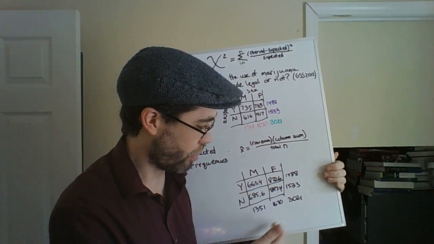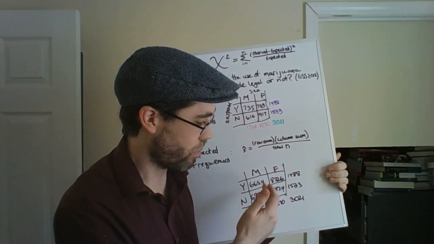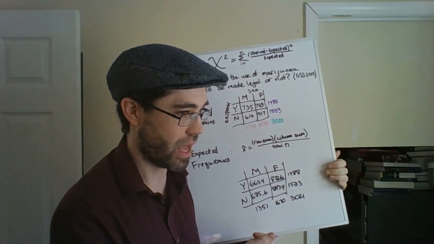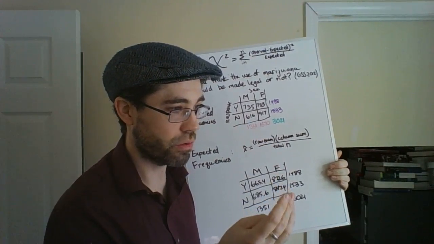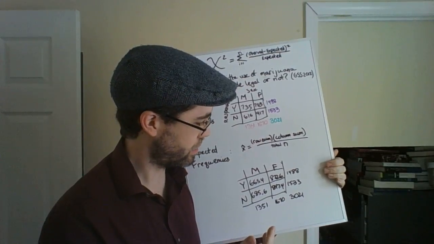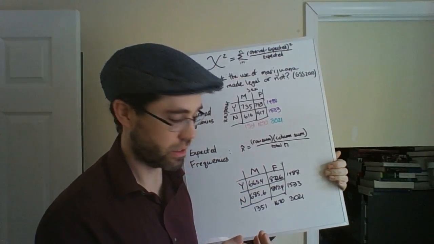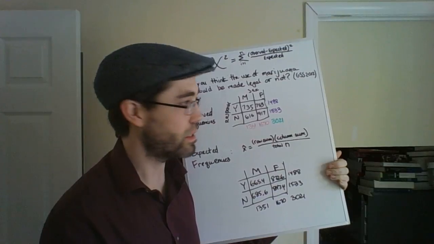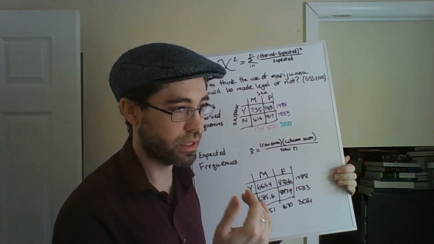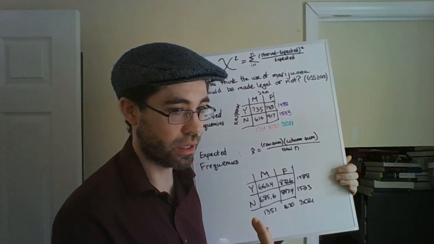If you had a 3x2 table, you would need 1, 2, 3 minimum. That is, 3 minus 1 times 2 minus 1, or 3.